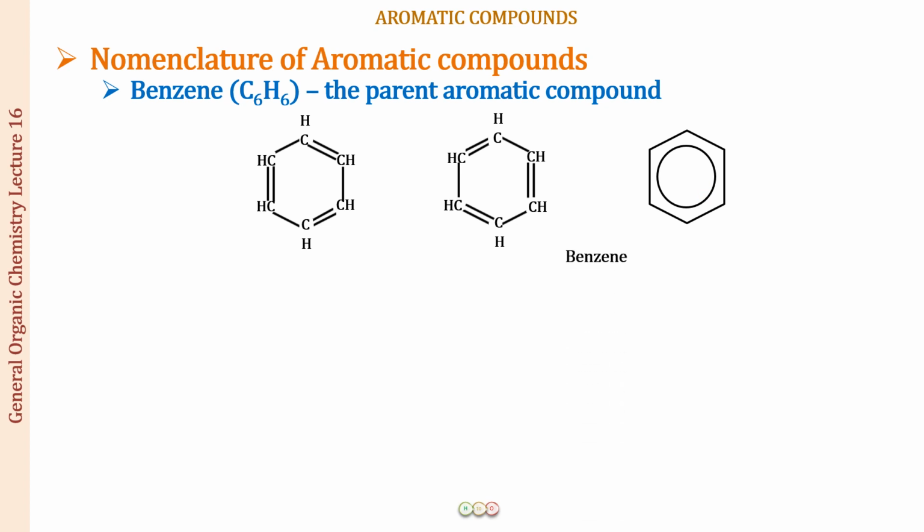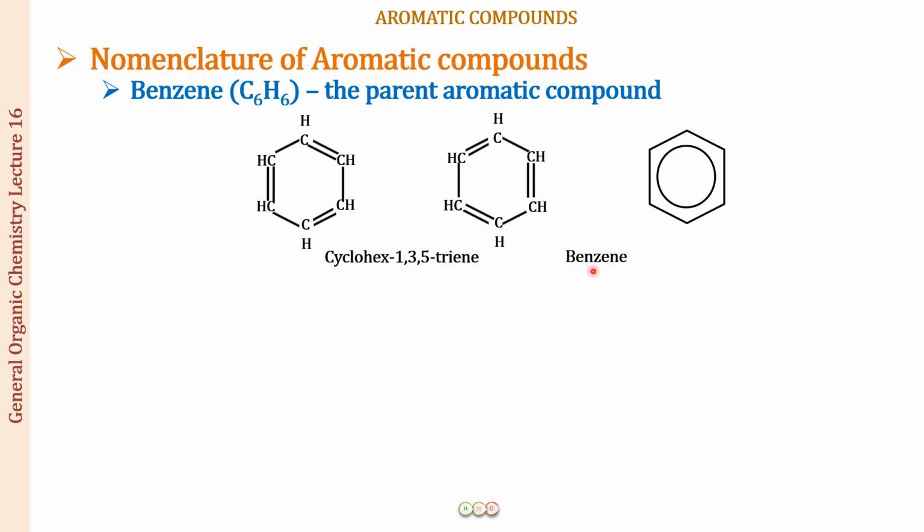But actually, if you want the IUPAC name for this compound, what is it going to be? Well, we have a ring compound where there are 6 carbons. So if it had been all single bonds, it would have been cyclohexane. Because there are double bonds present, it is cyclohexene, and if we write the positions of the bonds, this becomes cyclohexa-1,3,5-triene.